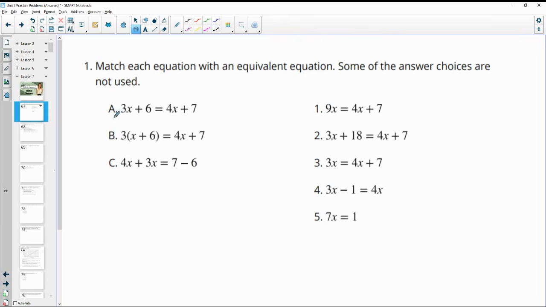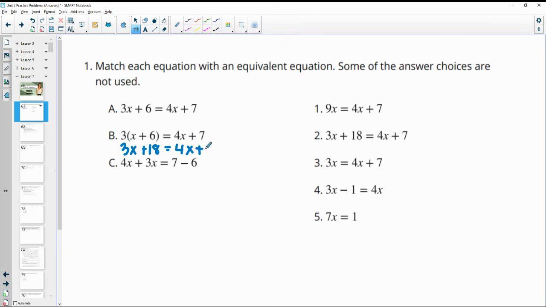So as I'm looking at these, when I look at B, I feel like an easy way for them to have written an equivalent equation would be to distribute this 3 in. So I'm just going to distribute the 3 in and check to see if they have this equivalent equation over there.